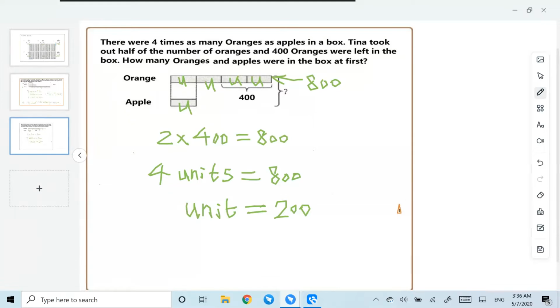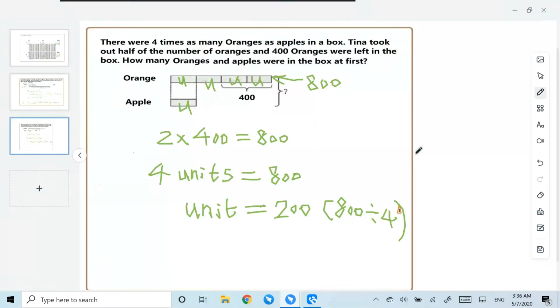Because 800 divided by 4. Okay? Now 1 unit equals 200.